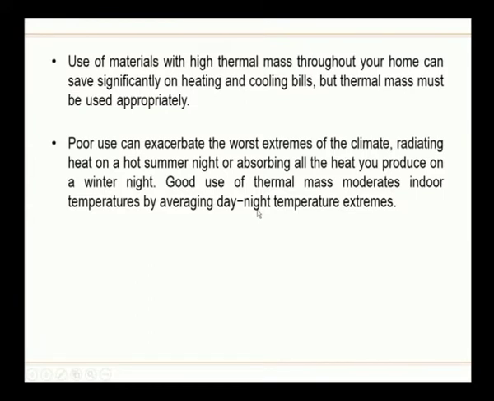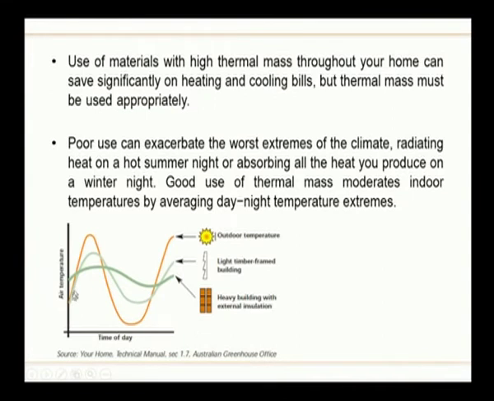So choosing what type of thermal mass and heat storage capacity is very crucial, and it depends on the location. In this picture, the graph shows the yellow line as the outdoor temperature, which is very high. When you are using a light timber framed building, the indoor temperature is shown by light green.